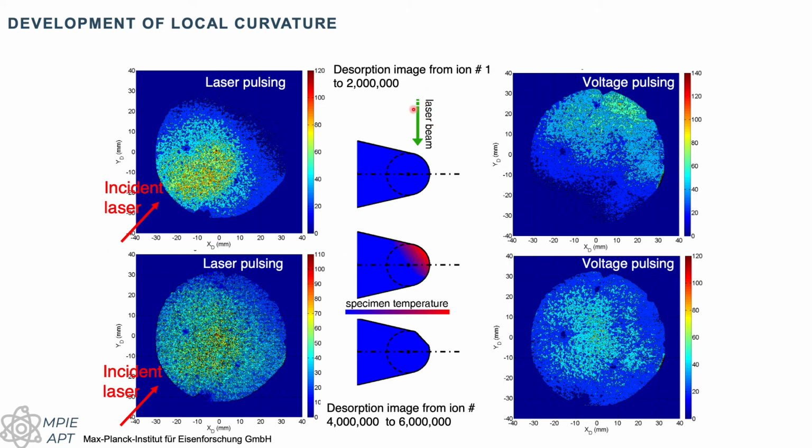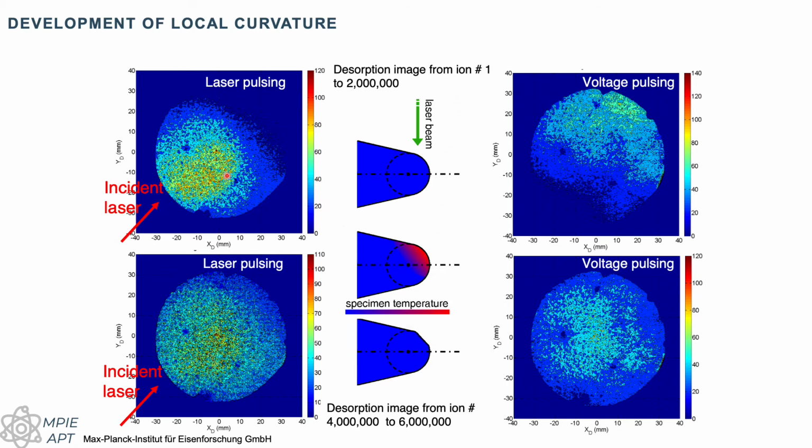And this can be explained because we heat the specimen specifically here, and if the heat conductivity of the sample is not high enough, then even during the pulse we are going to build a thermal gradient across the field of view. And so we end up with a flat region right on the side where the laser is coming.